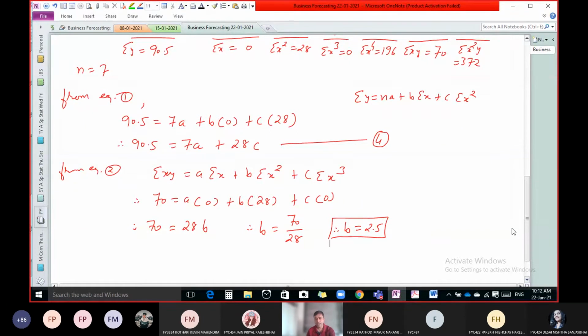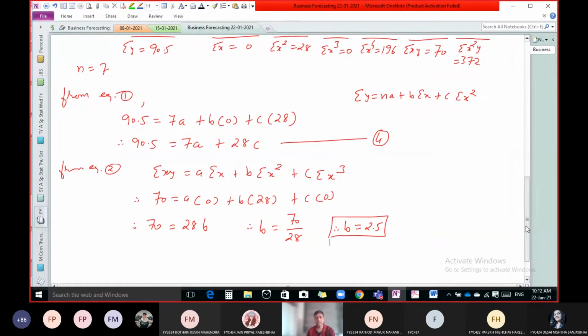But still we require a and c. So use equation 3. Our equation 3 is sigma x square y equal to a sigma x square plus b sigma x cube plus c sigma x raised to 4. Our sigma x square y is 372.